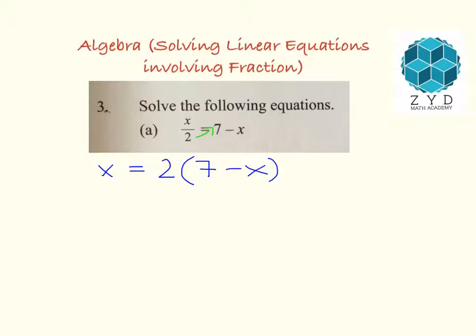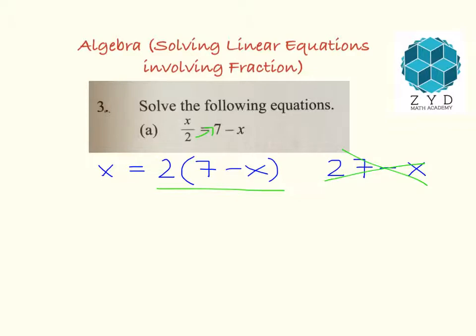If we do not put the bracket, it will just be 2 and then 7 minus x. It can be seen as 2 7 minus x, and students can interpret this as 27 minus x. So to avoid any confusion, we write it with the brackets.